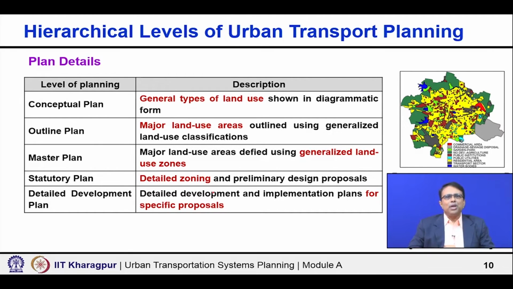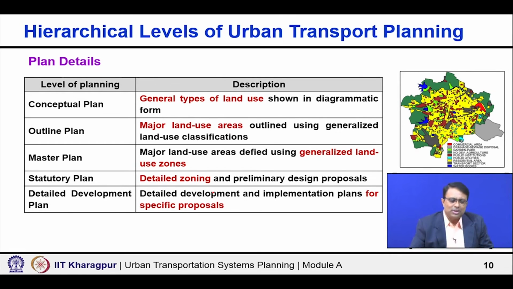In the master plan, major land use areas are defined using generalized land use zones, at a further detailed level. Then in the statutory plan, we consider detailed zoning and preliminary design proposals, and finally, in the detailed development plan, a detailed development and implementation plan for specific proposals, because the detailed development plan you make with respect to specific proposals. So, you can see how the plan details are also varying.